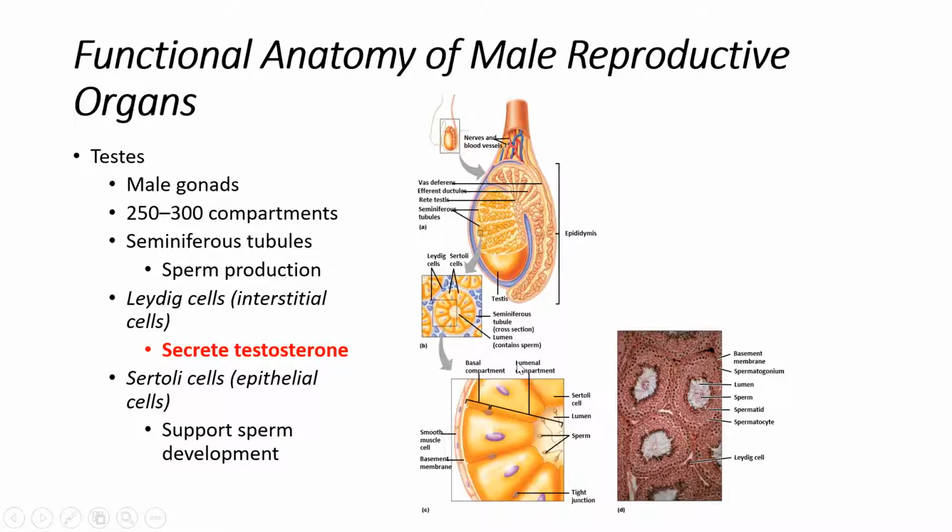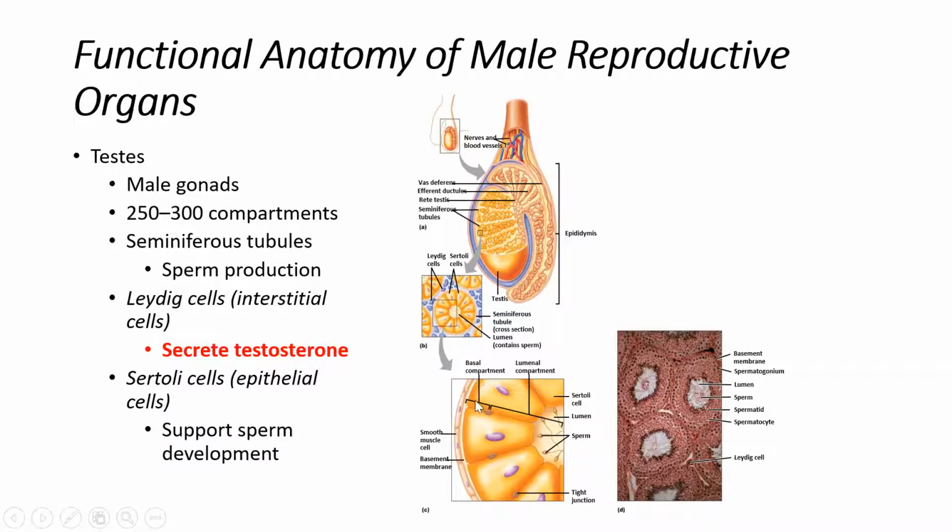Okay, if we go even closer here, we can see again the Sertoli cells that are lining the seminiferous tubule and the lumen of that tubule where sperm is actually being released. But if we look really closely, there's this luminal compartment. The tight junction in between each of the Sertoli cells is where sperm maturation actually takes place.